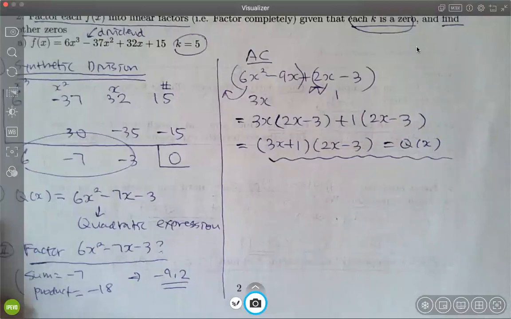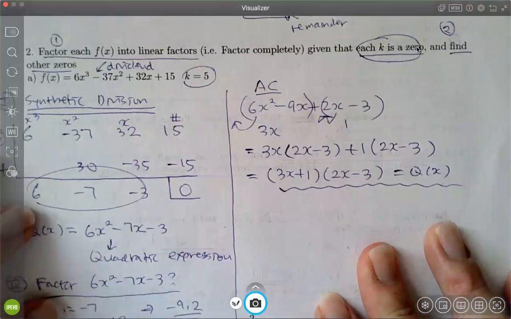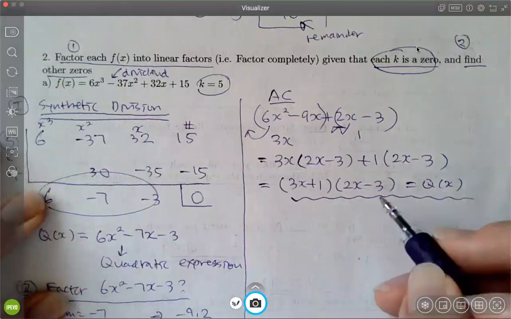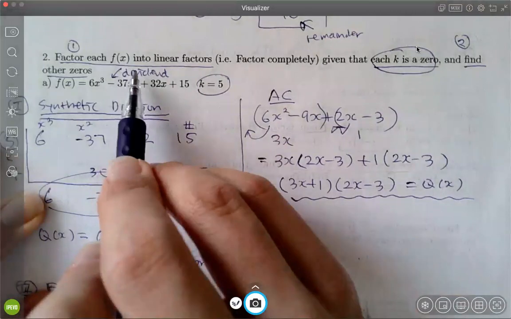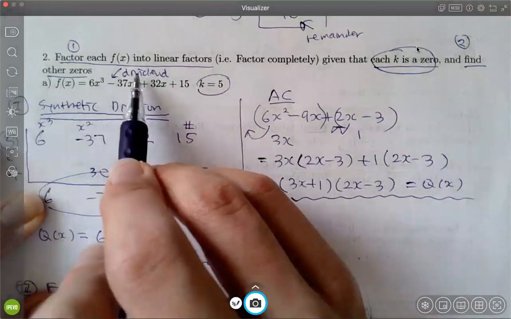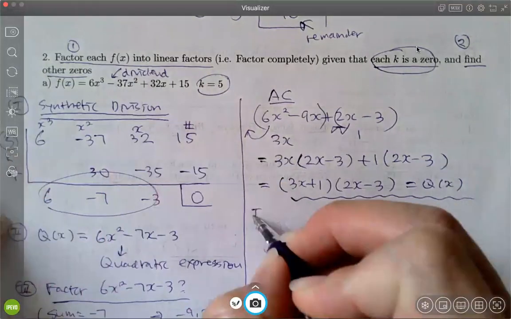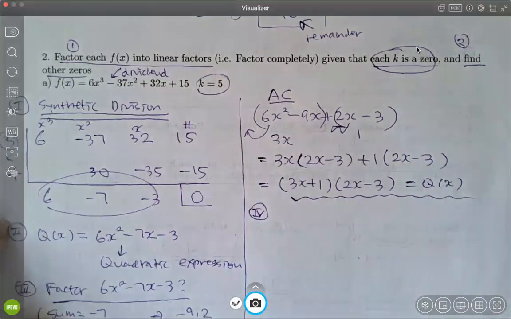Now, is that it for the problem? The answer is no, because yes, we factored the quotient, but is that what we have to do? No, we have to factor f of x into linear factors. So where do we go from here? Let me see if I can find that particular fact which was in the previous section. There we go.